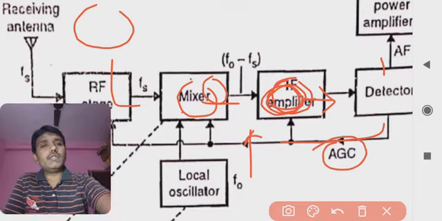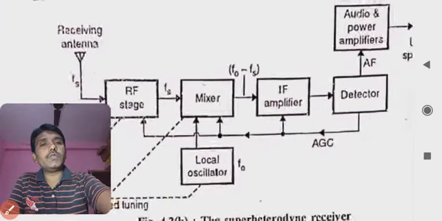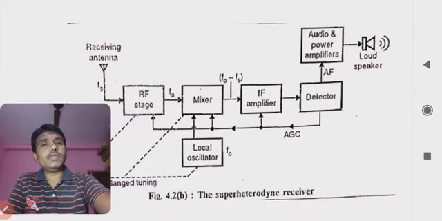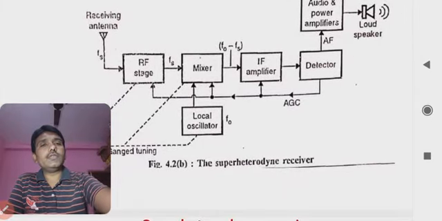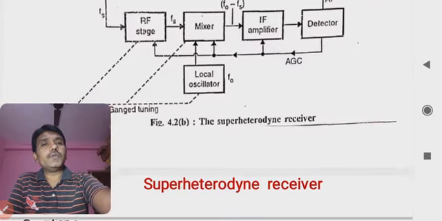No doubt there is a local oscillator, for the tuning purpose, with ganged tuning connected to the mixer and the RF stage. So this is the block diagram and the functioning of the super heterodyne receiver.